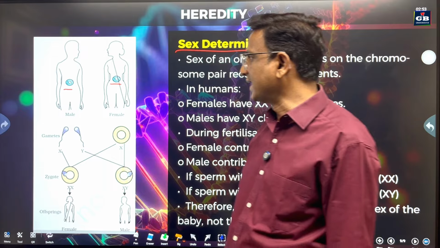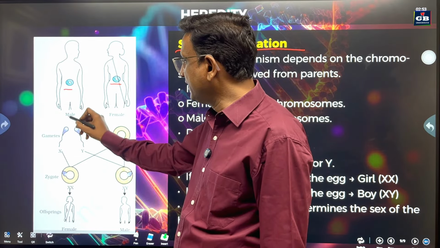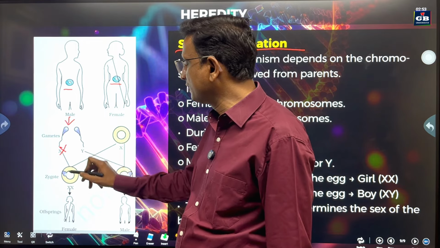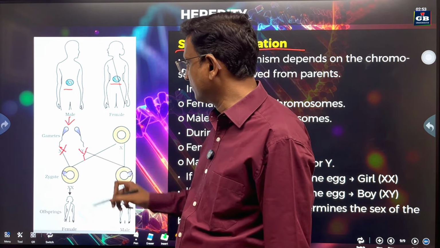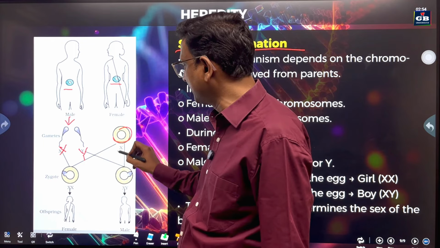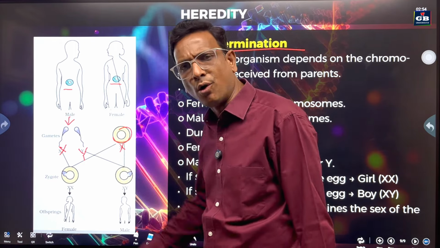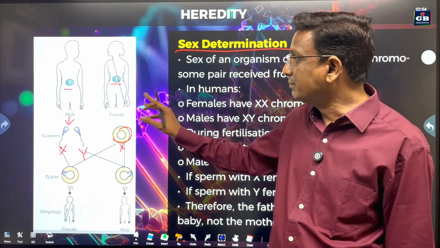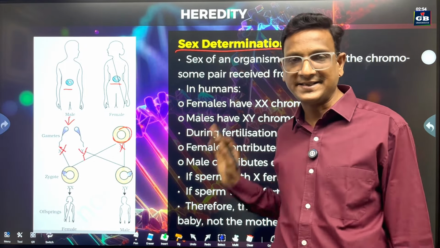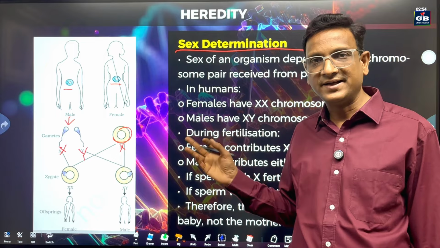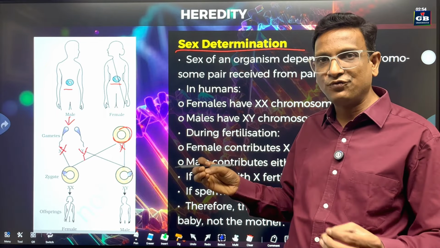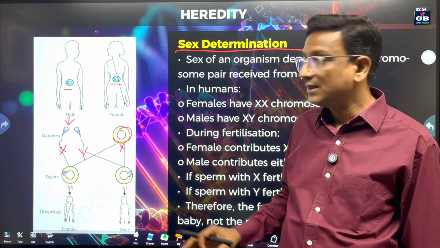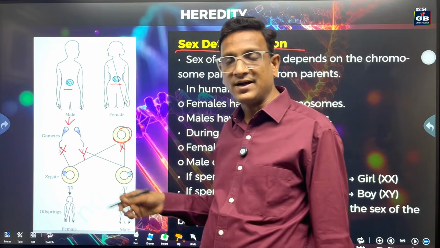Okay? Right. So when the gametes are formed, some sperm cells have the X chromosome, some sperm cells have the Y chromosome. Whereas in females, the egg cell has all X chromosomes. All egg cells produced in a female are X because both their sex chromosomes are X. So when they are divided to form gametes, whatever egg cell is formed, it is X. But in males, the sex chromosomes are XY.